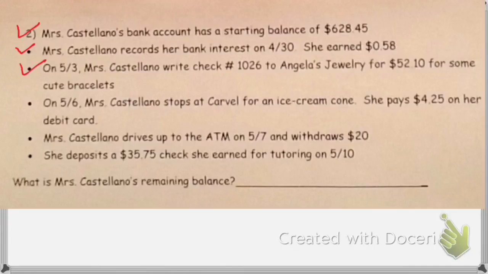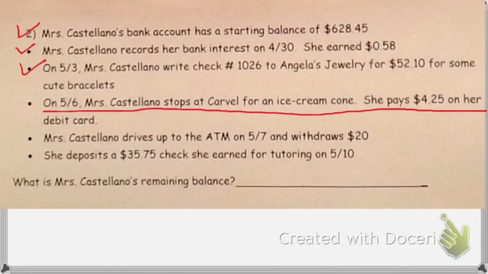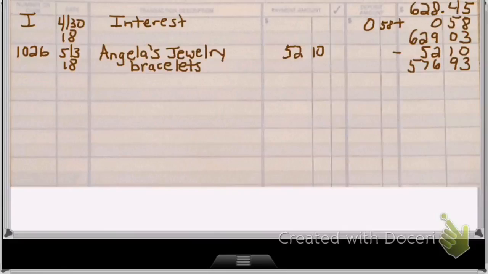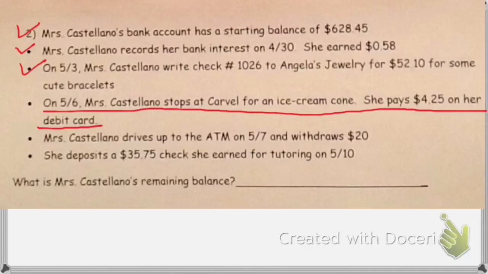I'll check it off, and we'll move on to our next transaction, which says on 5/6, Mrs. Castellano stops at Carvel for an ice cream cone. She pays $4.25 on her debit card. What kind of transaction is this? This is a debit card transaction. So we will write DC for the debit card code. What's the date? 5/6.